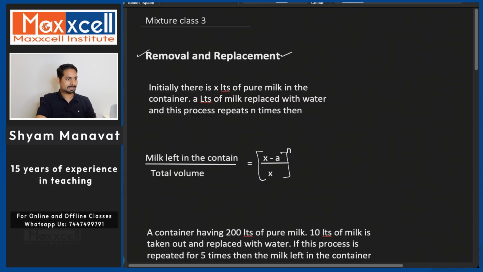So you have X liters of pure milk, the replacement quantity is A liters, and you are repeating this process n times.